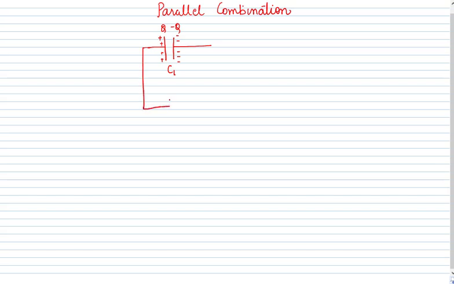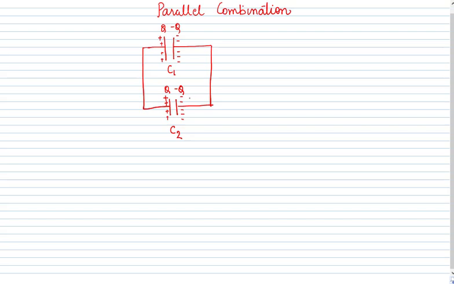And if we connect both the ends to another capacitor, then this is known as a parallel combination. And this is having a capacitance of C2. Again, we can add plus Q and minus Q here.